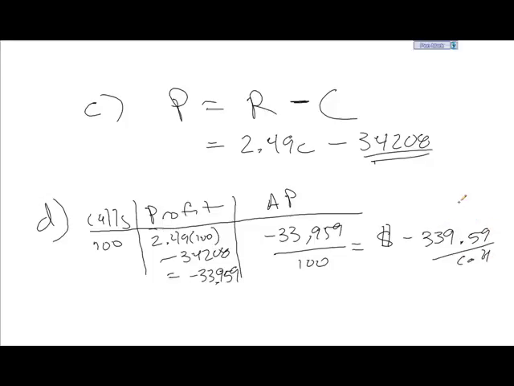Every call cost me a lot of money, but hopefully as more calls are made, this will turn out to be better. So let's just say, pick a really big number, we'll pick 10,000.